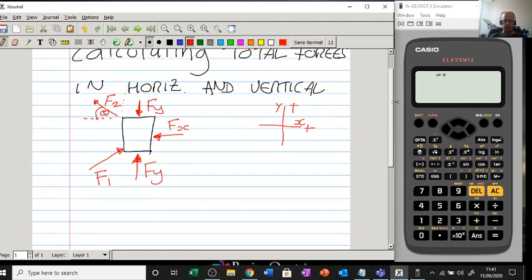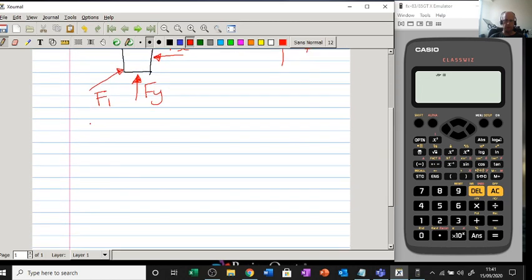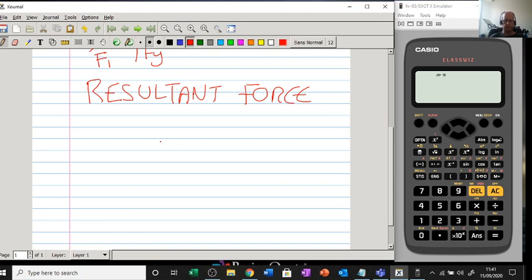So once we've worked out the horizontal and vertical forces, we can then work out a thing called the resultant force. Because we could have an object and it may have a force going this way, may have a force coming that way, and it may have a force coming that way.